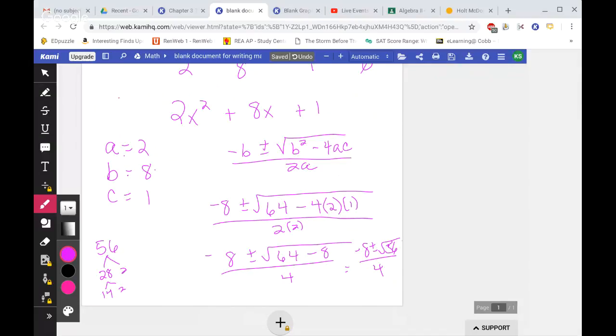I think we're going to run out of room. I know, right? Okay, so 4 and 14. So what kind of crazy answer did you get in the back of the book for this one?